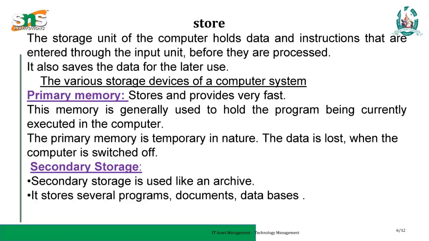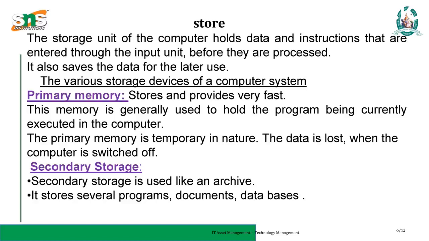Primary memory is temporary in nature, so data is lost when the computer is switched off. Secondary storage is like an archive; it stores several programs, documents, databases, etc. That is what we saw as the memory unit in the block diagram earlier, which you can also call the store.